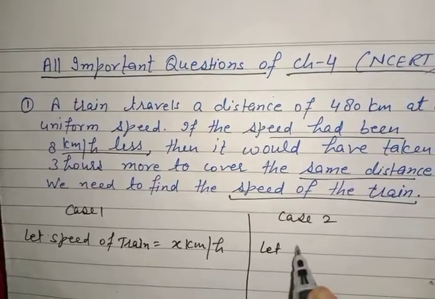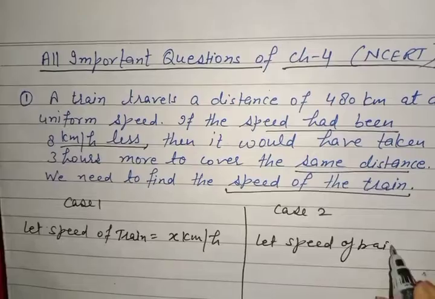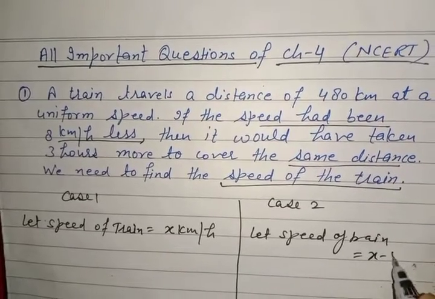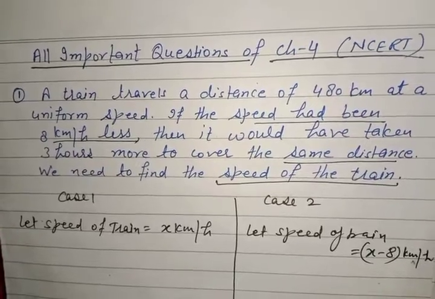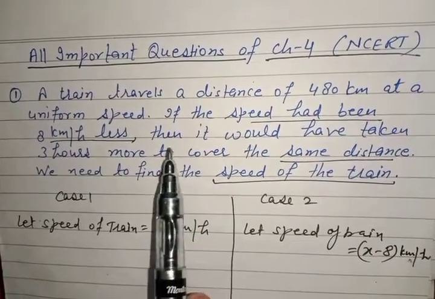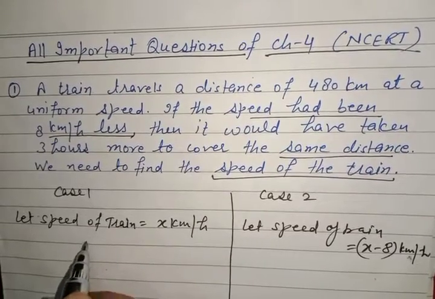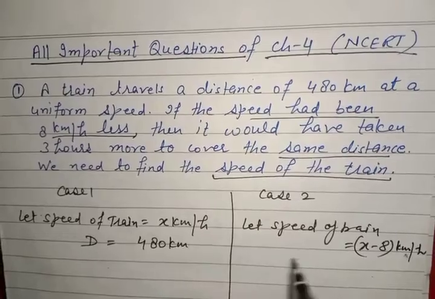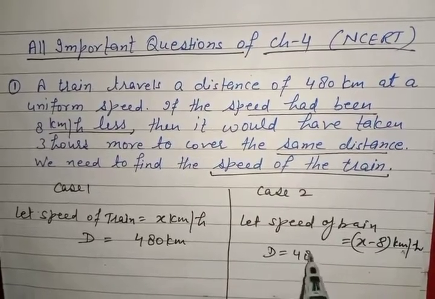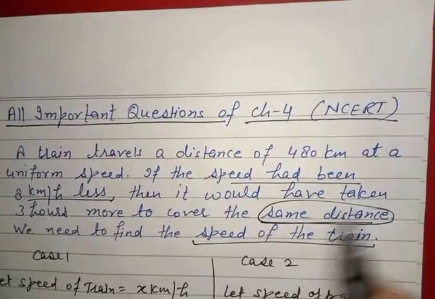So the speed of the train in this case is 8 less, meaning x minus 8. The meaning of less is minus. It would have taken 3 hours more. First of all, the distance is the same in both cases, 480. Here also it is 480 because it is written the same distance.